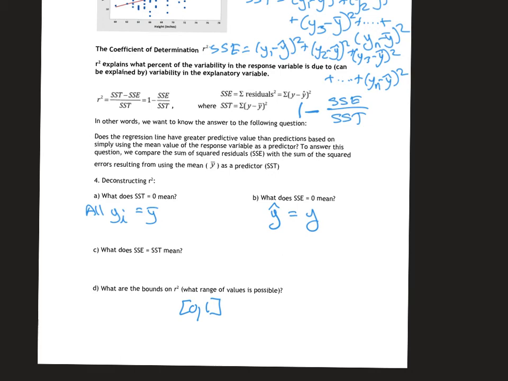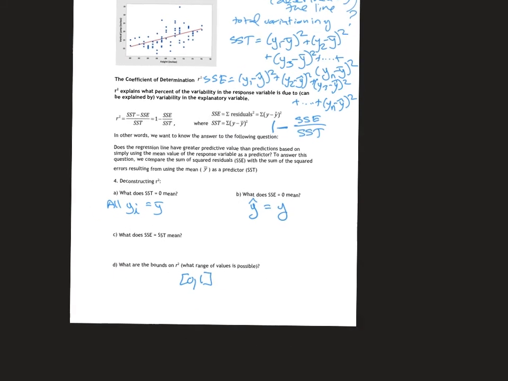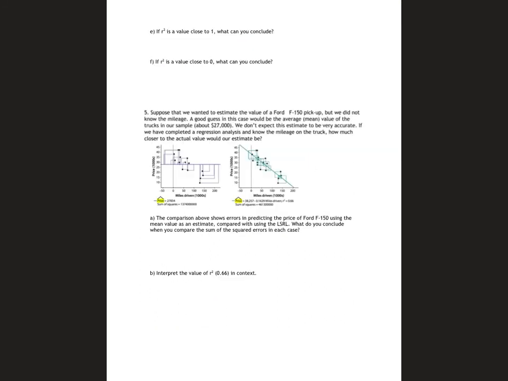If r squared is a value close to 1, what can you conclude? Well, we're going to say that the linear regression equation produces errors that are much smaller than the errors generated by y bar as a predictor. So a good chunk of the variation in y can be explained by the variation in x using the least squared regression line.